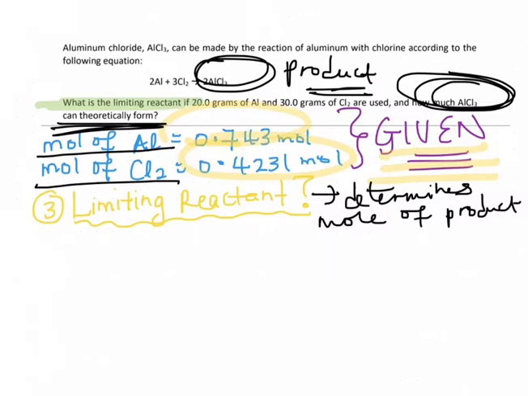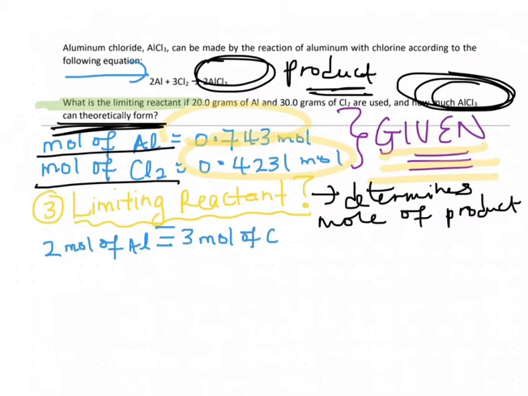So from the balanced equation, okay? From the balanced equation, we know that 2 mole of aluminium will react with 3 mole of chlorine molecules.